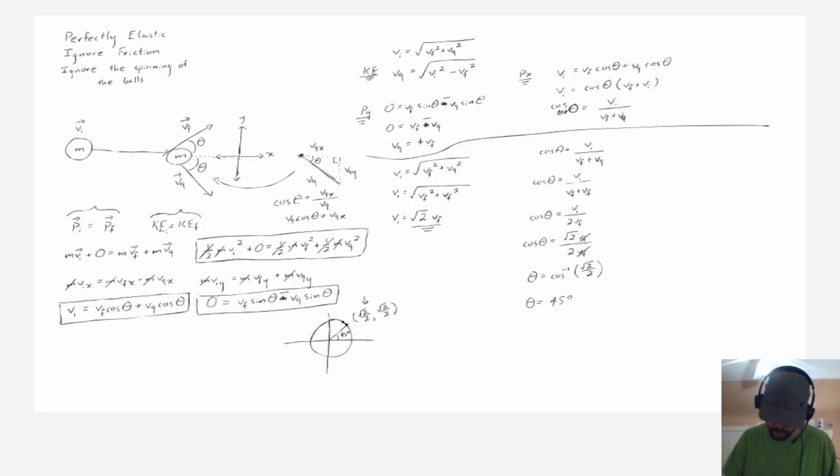So if it were radians, it would be pi over 4. That's not very helpful to normal people who use degrees in everyday language and usage. So theta here, both of our angles that we originally wanted to find are 45 degrees.